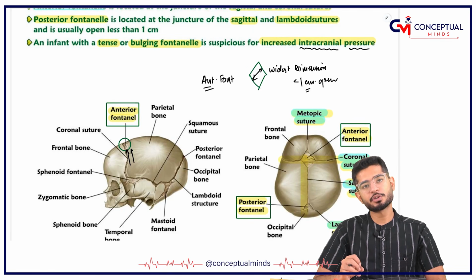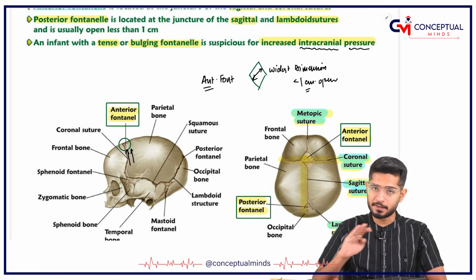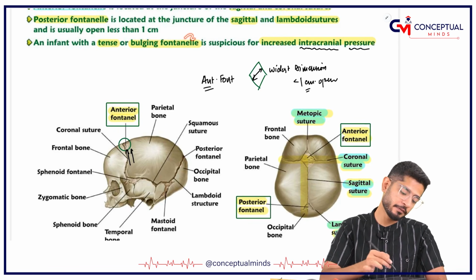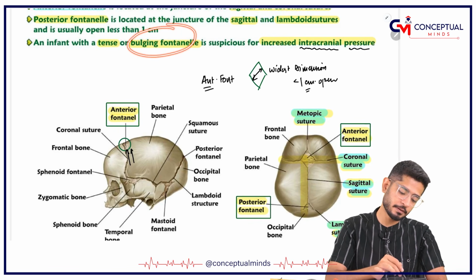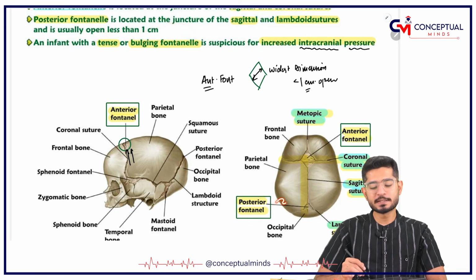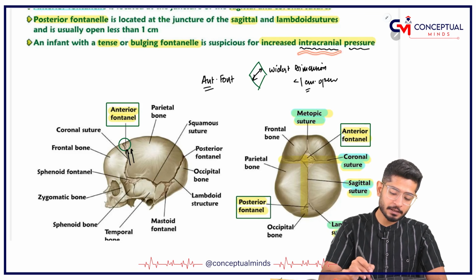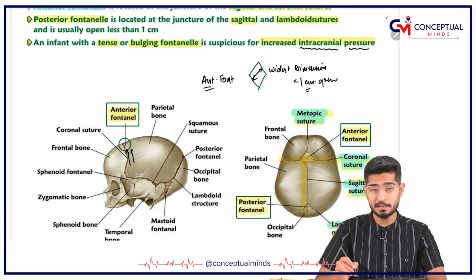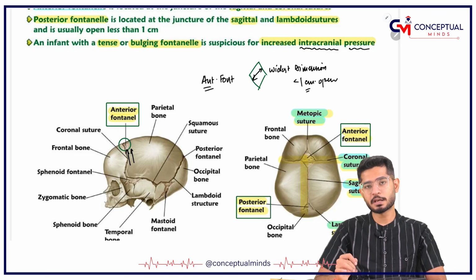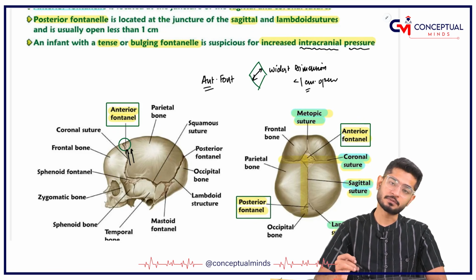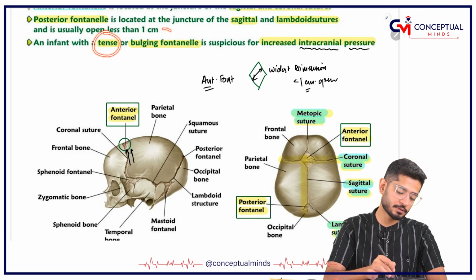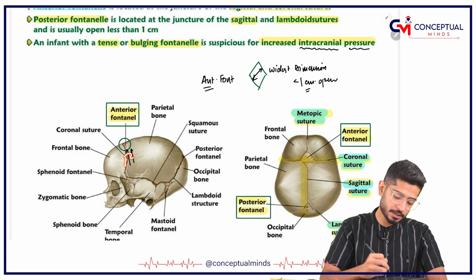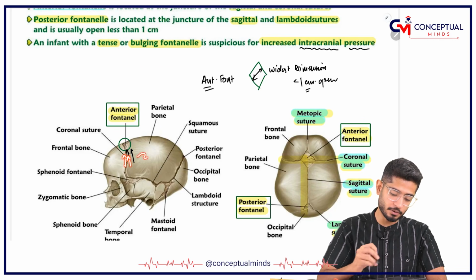Now, as I have told you, it should be soft, it should be at the level, it should not be bulging. But if the fontanelle is bulging and tense, you should suspect increased intracranial pressure, because if the intracranial pressure is high, my dear friends, this fontanelle is going to be tense and bulging because of the pressure coming from below.